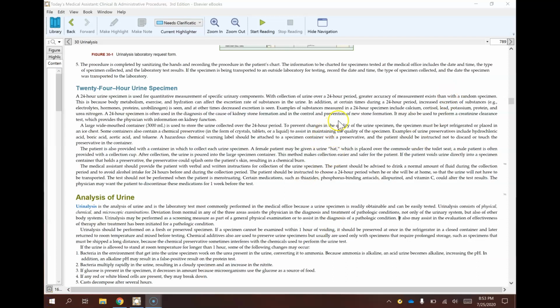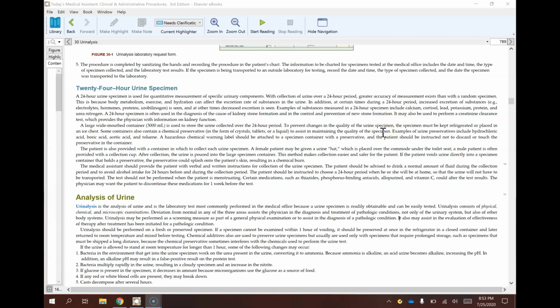Let's talk a little bit about some of the substances that may be measured in a 24-hour specimen. Things like calcium, cortisol, lead, potassium, protein, and urea nitrogen. This is a good way for a physician to get information about kidney stones, things like a creatinine clearance test.